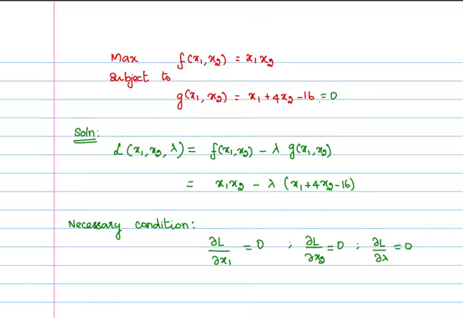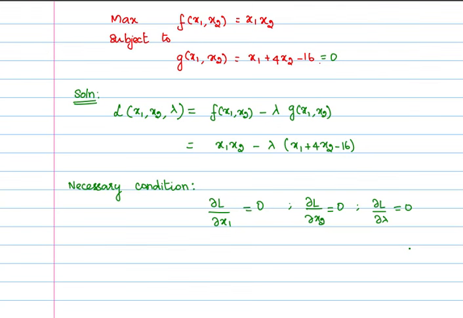We take the derivatives partially with respect to the decision variables of our Lagrangian, and similarly with respect to the Lagrange multiplier, then set each equal to 0.